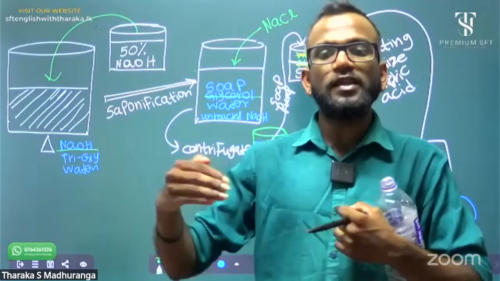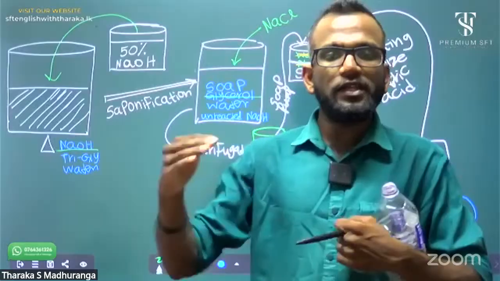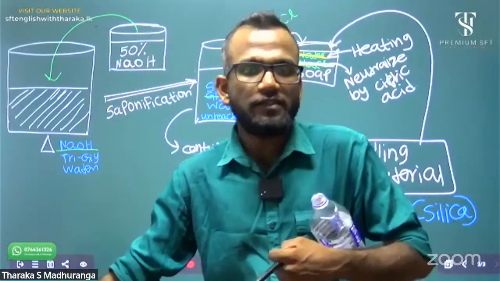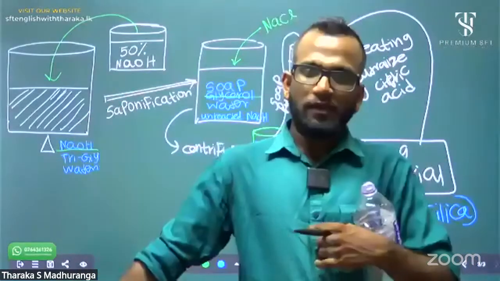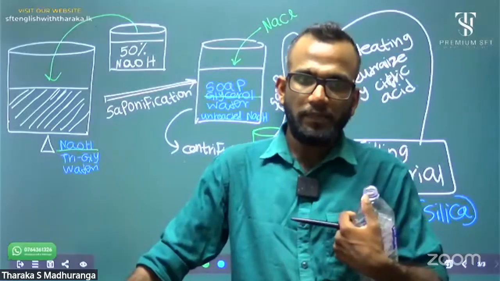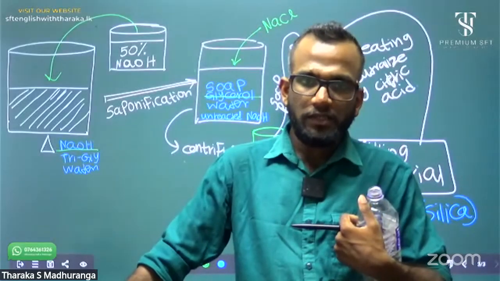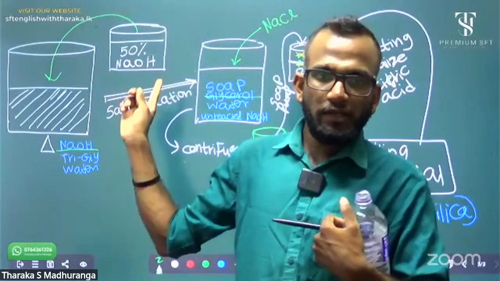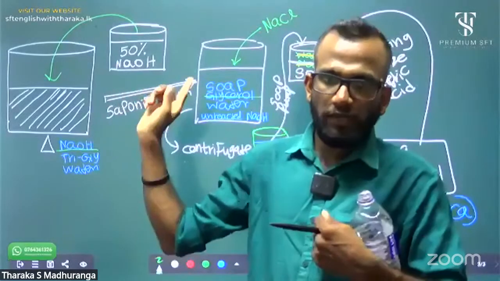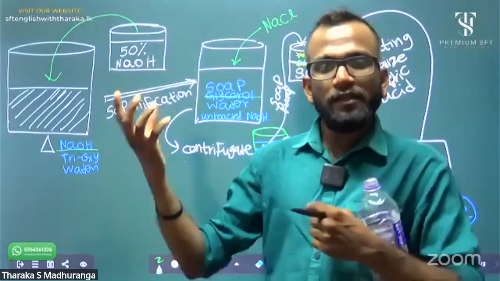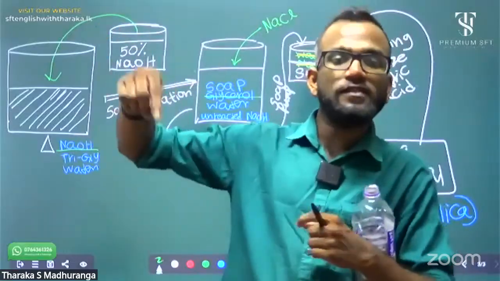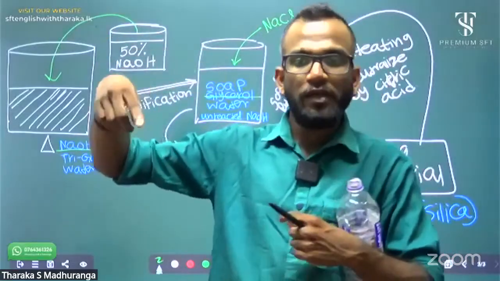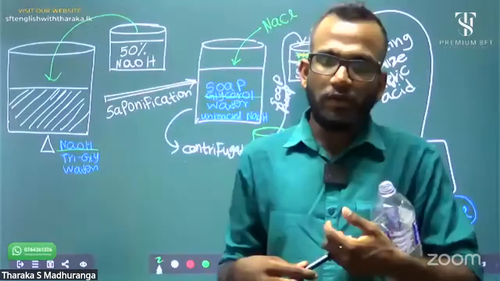We can increase the thickness, the density, of the glycerol so it separates easily. I do this by adding sodium chloride, called salting. Then what happens? Sodium chloride dissolves in the excess solution with the glycerol and increases the density of the glycerol.